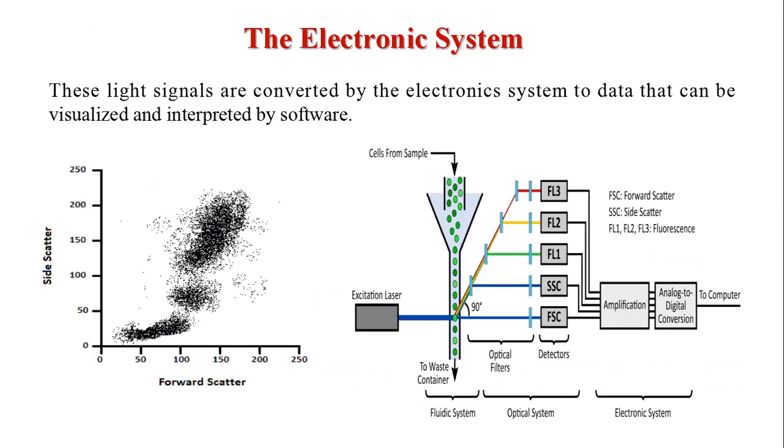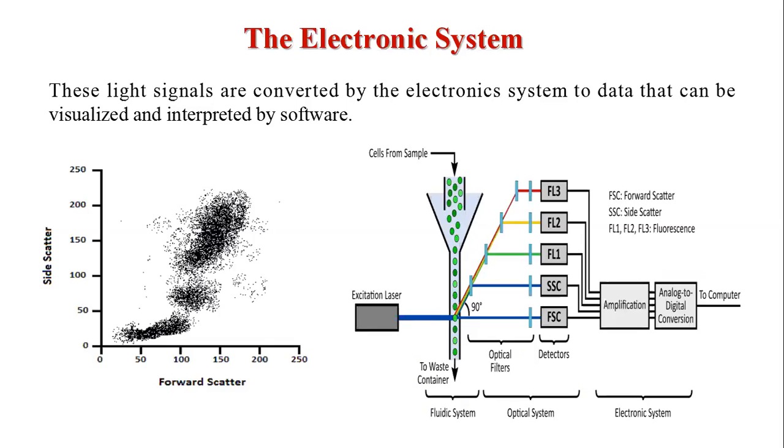And this light signal goes to the electronic system, which is getting the light signal through the detector. And then there is an amplifier. There are 5 different types of detectors: fluorescence signal 1, 2, 3, and then side scattering and forward scattering.